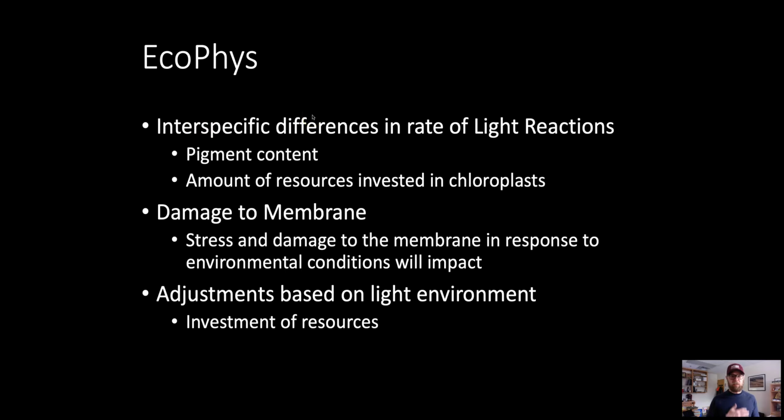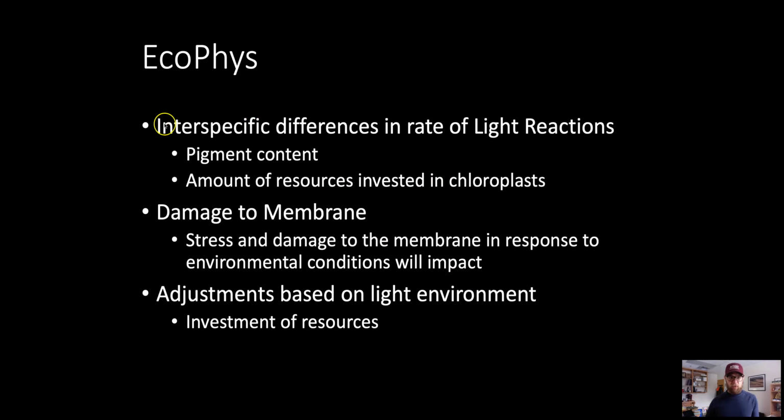The interspecific differences are always going to be really interesting and important. A couple of those areas that might differ between species: I mentioned the pigments or the antennas can differ between species in their ability to capture different types of light. And then also the amount of resources a plant invests in the chloroplasts in that palisade layer. And that's going to differ a lot depending on the light environment a plant might grow at.